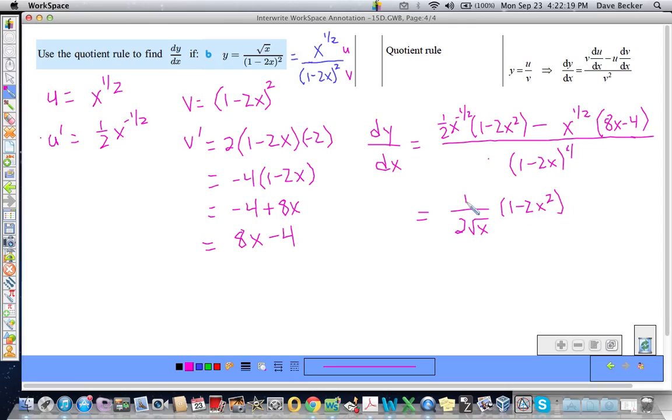I mean, you could even put that in the numerator. Minus square root x, rewriting x to the 1/2 as square root of x, times 8x minus 4, all over (1 minus 2x) to the 4th.